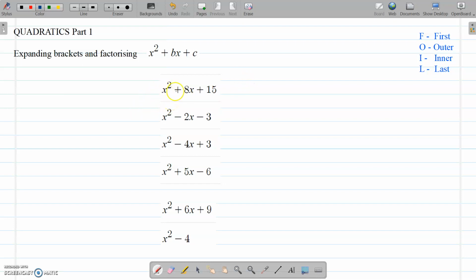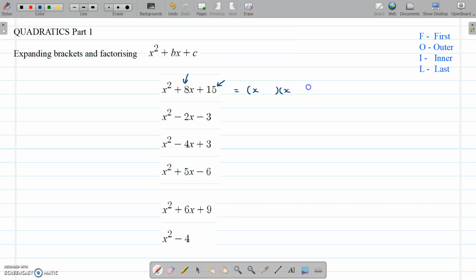Okay, so we're going to look for factors of this number that add together to give this number. All right, so I'm going to say this is going to be factorized, so it's going to go into a pair of brackets like this.